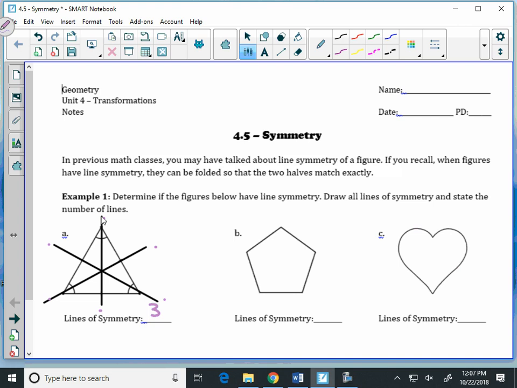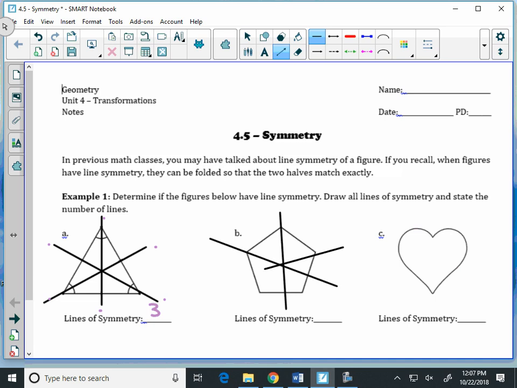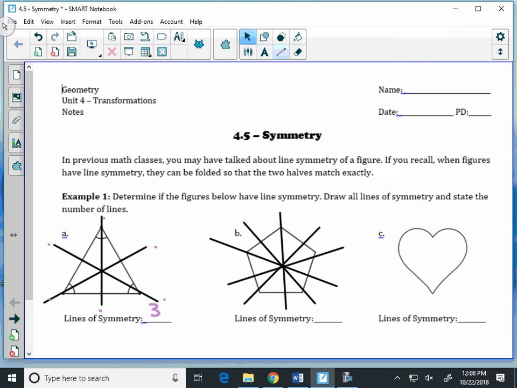We take a look at the next figure. Where can we draw a line of symmetry? Right down the middle again. Where can we draw another line of symmetry? Okay, yeah. Do the same thing, go from point, corner to side, corner to side, corner to side, corner to the side.